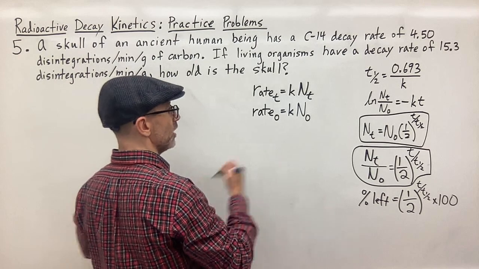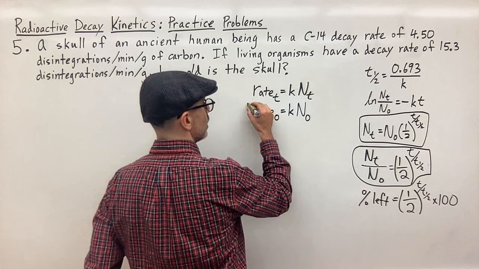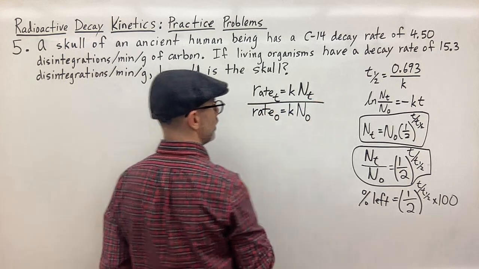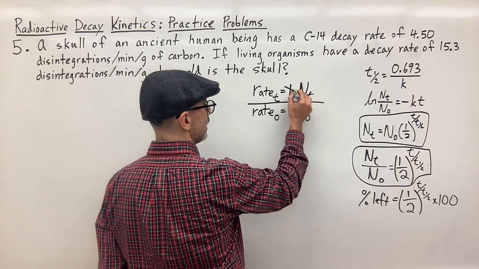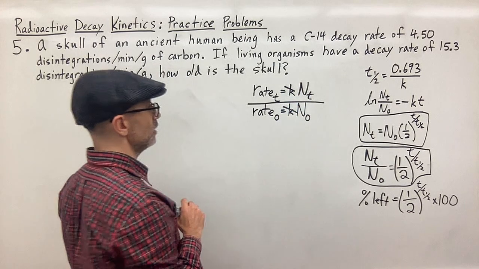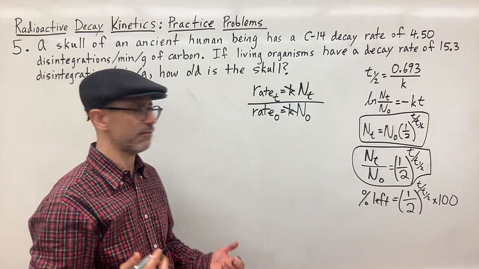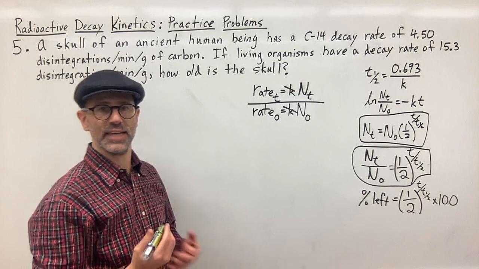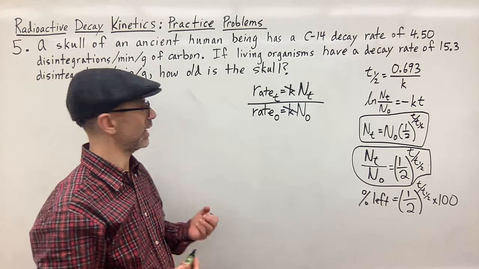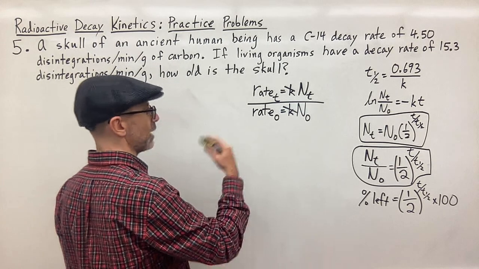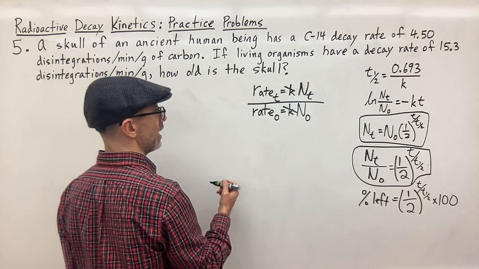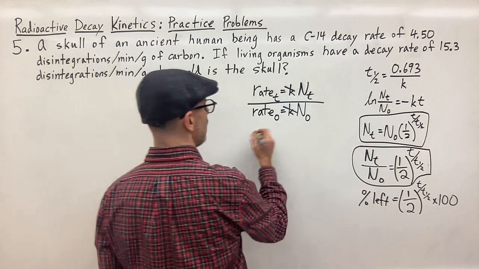But notice what happens when we divide these equations. If we divide the rate laws, then the k value cancels out. It's the same k value since we're dealing with the same substance that is decaying, the same half-life and so on. So now we have a ratio.